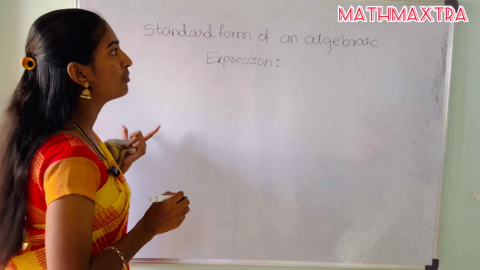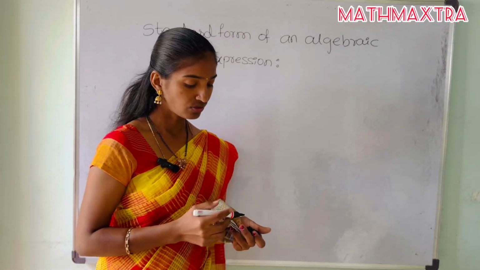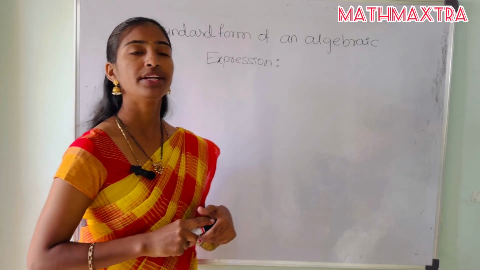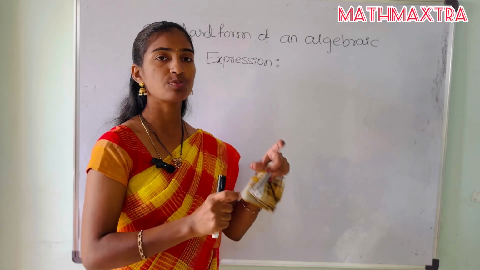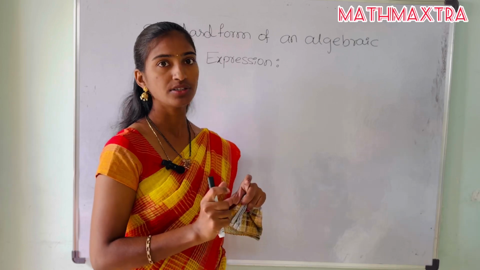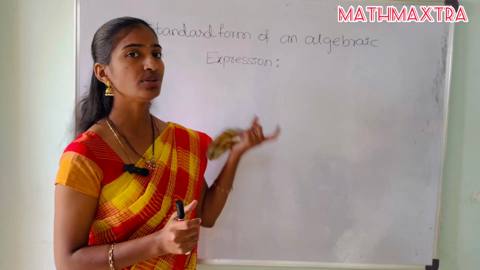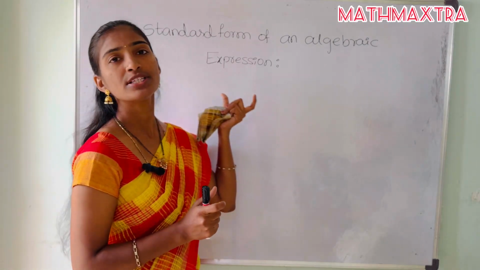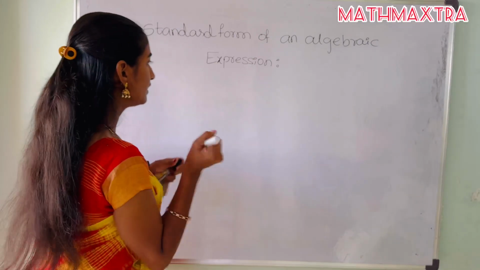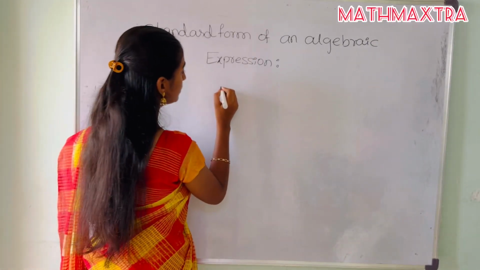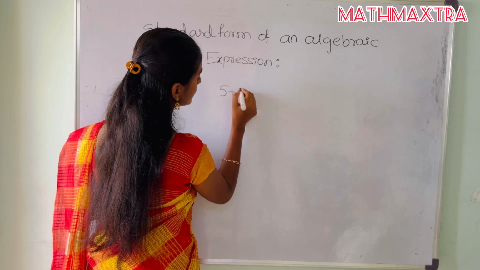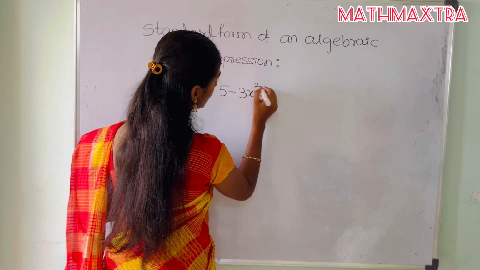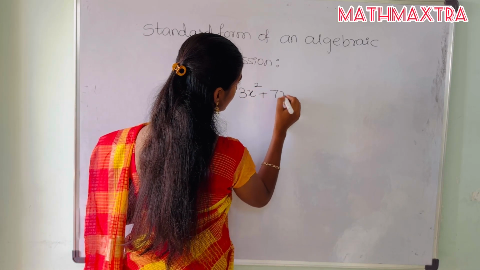Now, the standard form of an algebraic expression. Sometimes we have to identify whether the given expression is in standard form or not. So at that time, we need to remember what a standard form is. See, I am taking one example: 5 plus 3x square plus 7x.